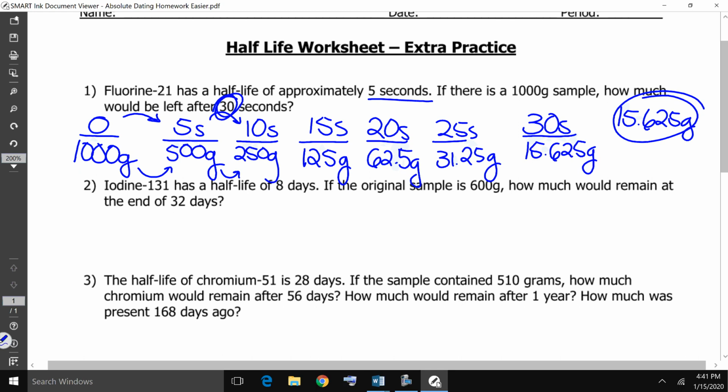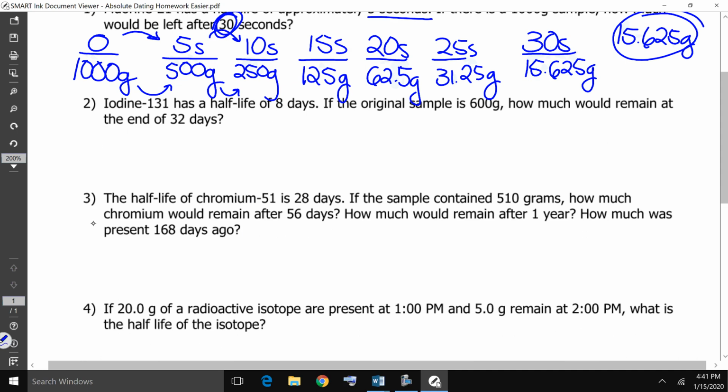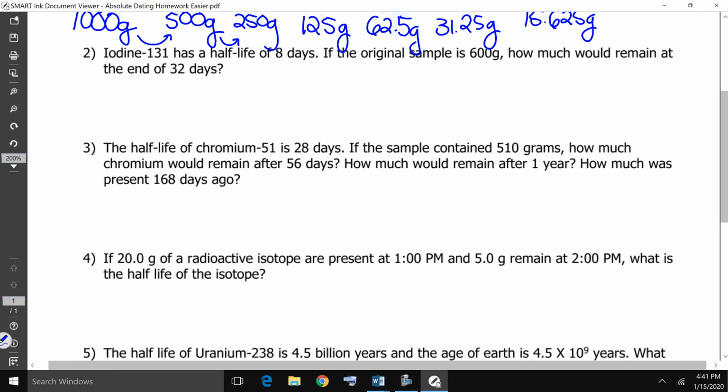So, you can pause the video and try this next one on your own, and then watch me do it. So the iodine-131 has a half-life of 8 days. If the original sample is 600 grams, how much would remain at the end of 32 days? Again, start the same way. We start at 0. Our time is 0 days, and our amount is 600 grams.